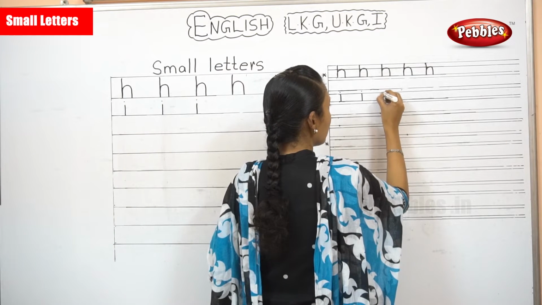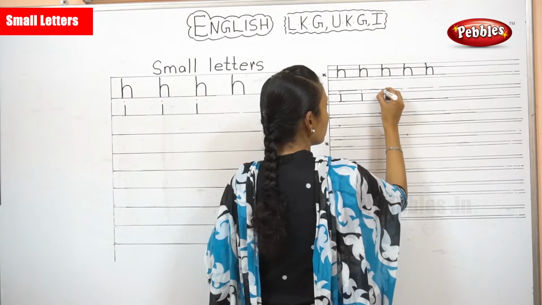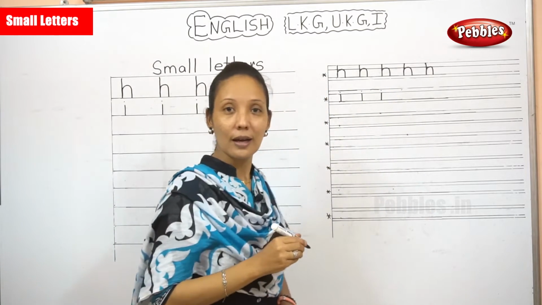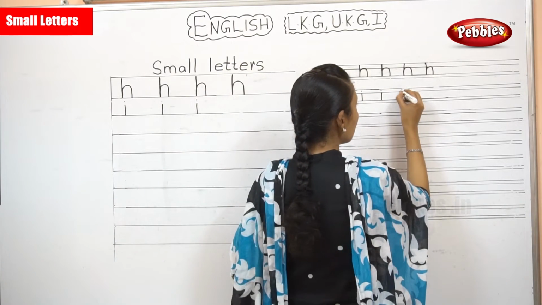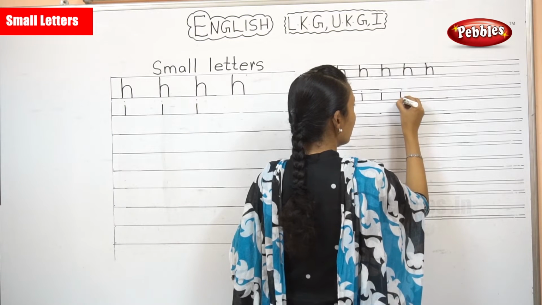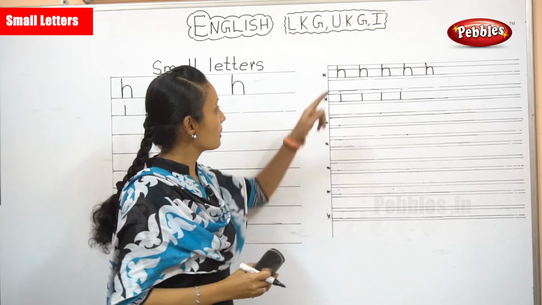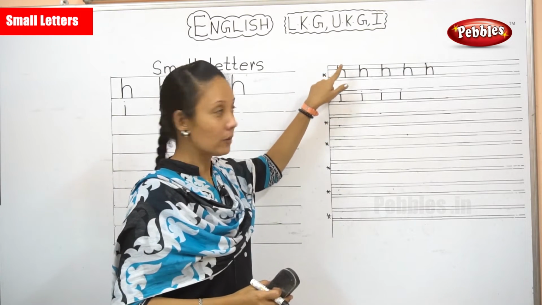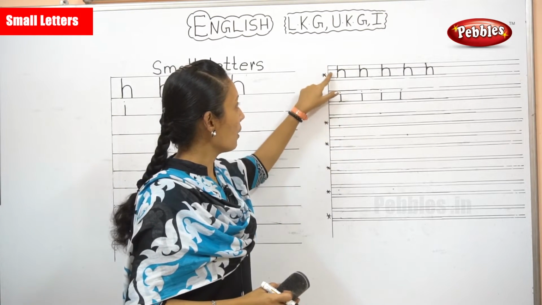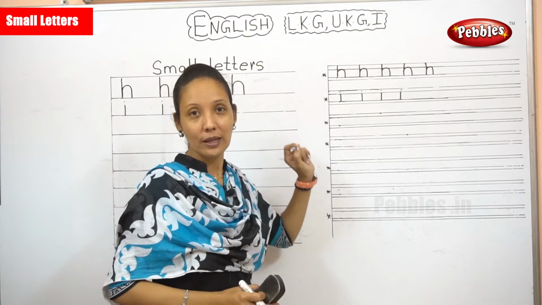Again a standing line and a small dot, i. So this is your alphabet, H and I, small h, small i.